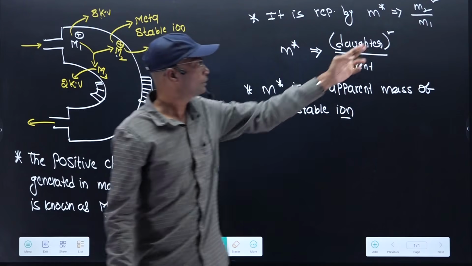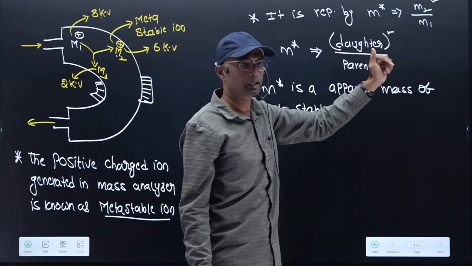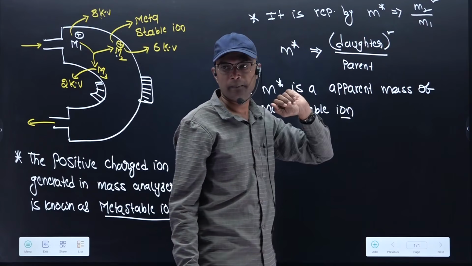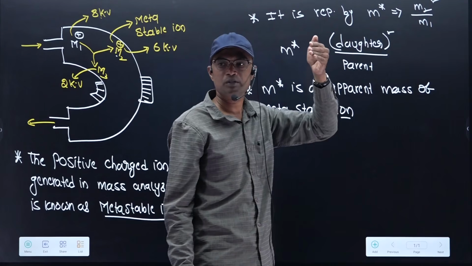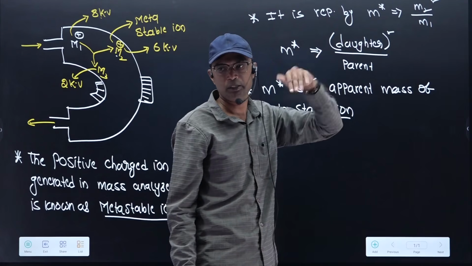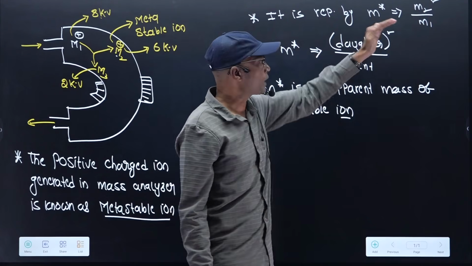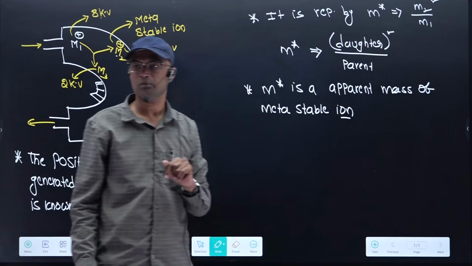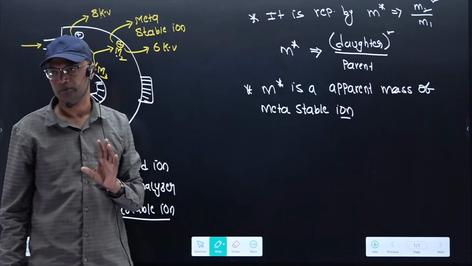Suppose rough calculations on paper give you 49, but you will get 48.70 or 48.90. Your calculated and observed values will differ slightly. That's why it is called apparent mass. Apparent mass means it is not a real mass, it is slightly different.